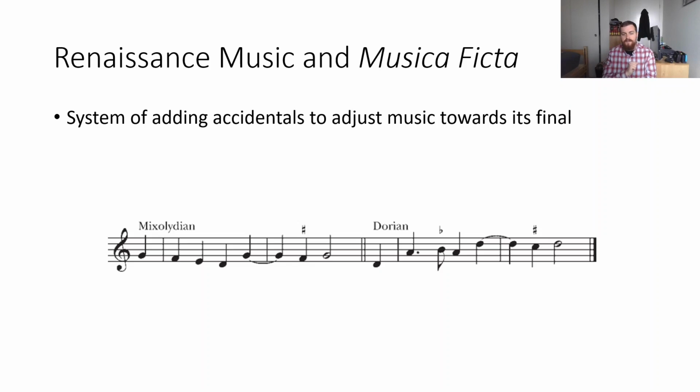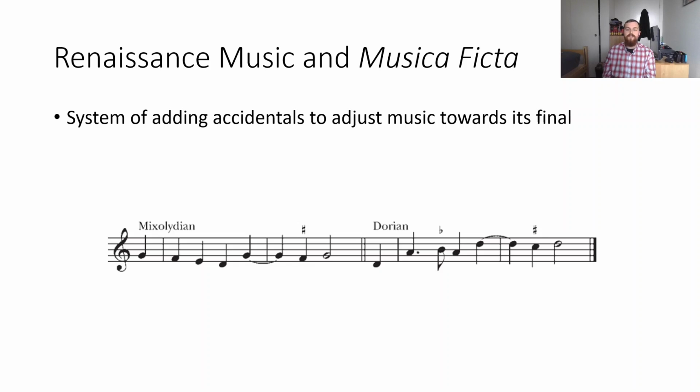In this case, at the end of this Dorian phrase, whoever this composer is has adjusted it to where now we have a minor second between sol and lay instead of sol and la being a whole step like it should be in Dorian. And then we've also got a C sharp at the end to give us more of a sense of ti-do. Right? That just sounds like harmonic minor. And that's eventually where it comes from.